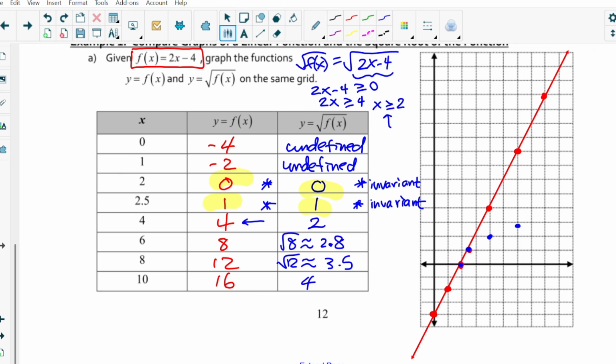And 8 and 3.5, roughly right about there.